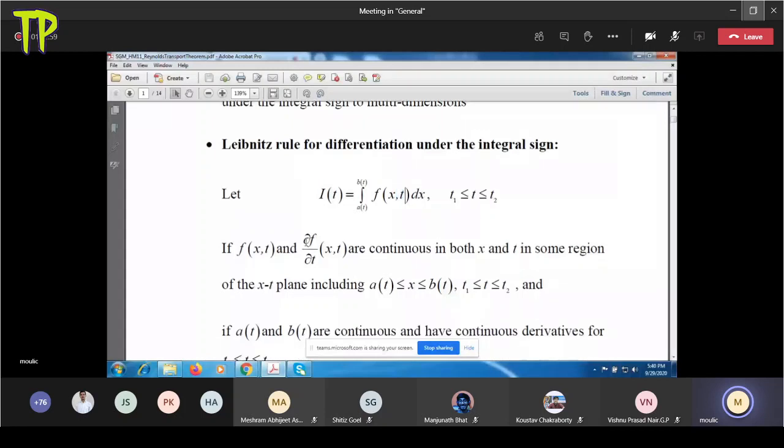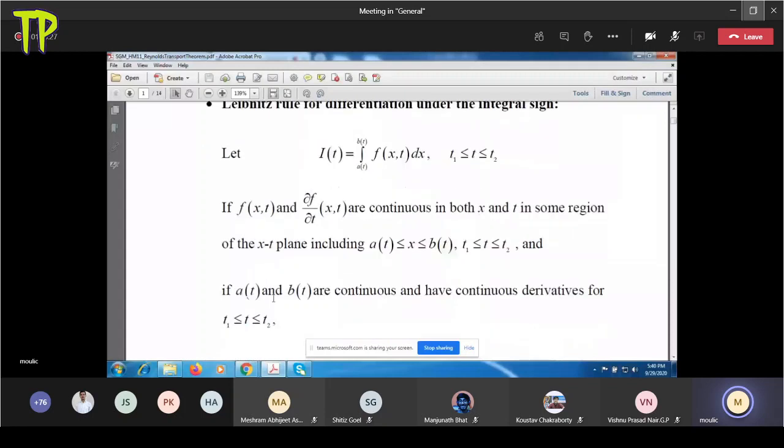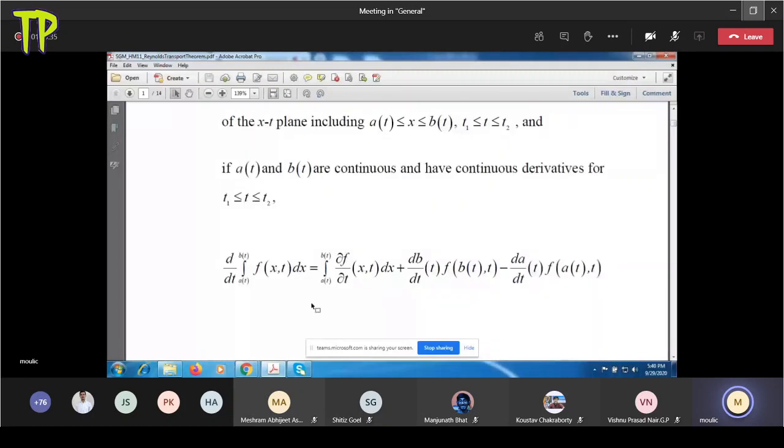This is something you must have studied in your first year course on calculus. If f of x,t and its partial derivative del f del t, which is another function of x and t, are continuous in both variables in some region of the xt plane, including x lying between a(t) and b(t) and time t lying between t1 and t2, and if a(t) and b(t) are continuous functions and their derivatives are also continuous in this time interval, then d/dt of this integral has terms.